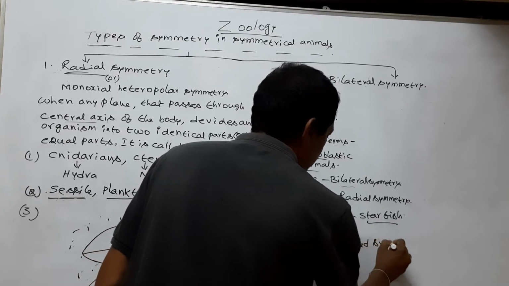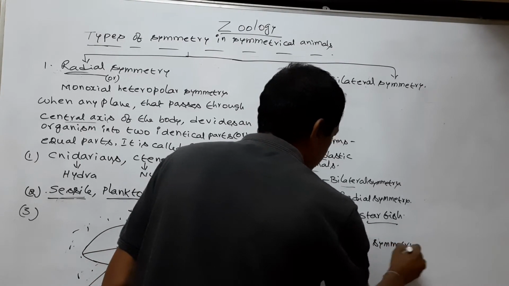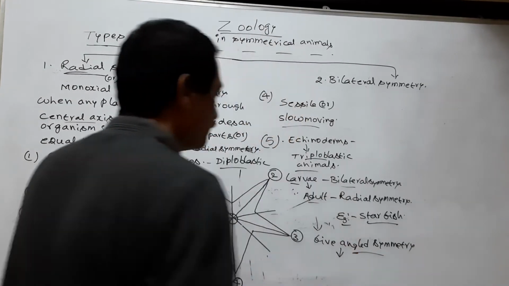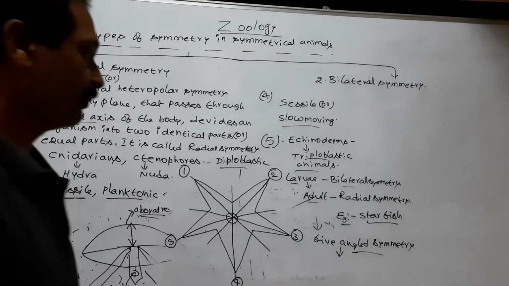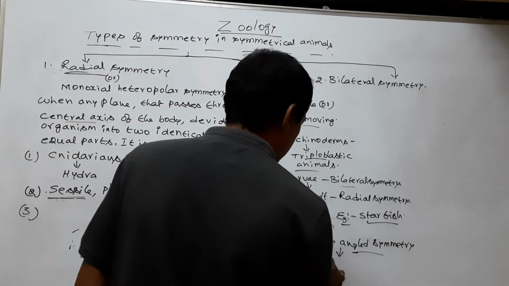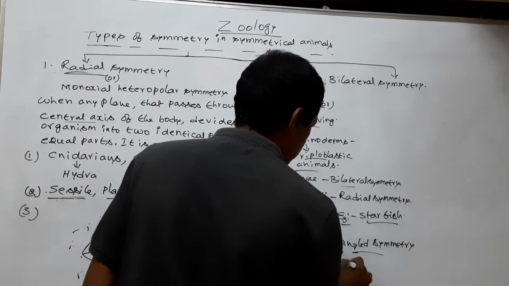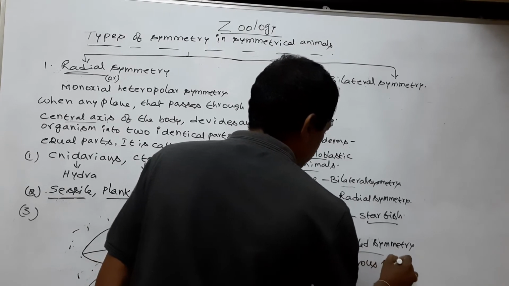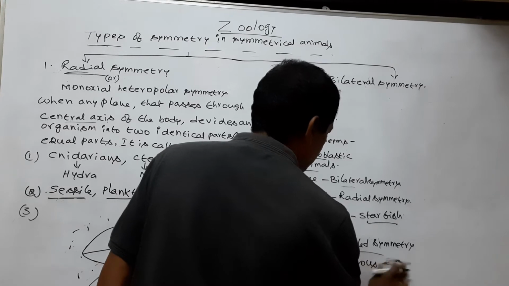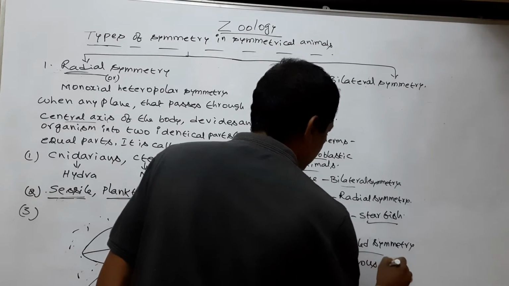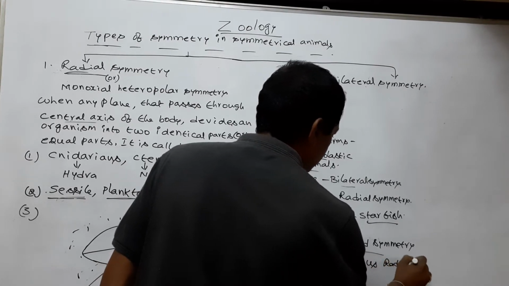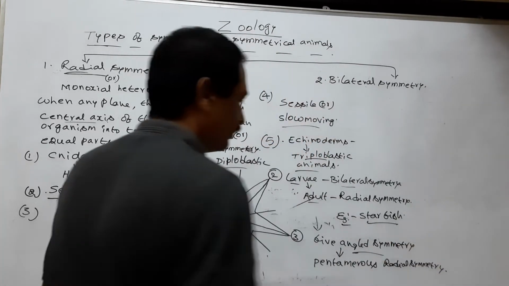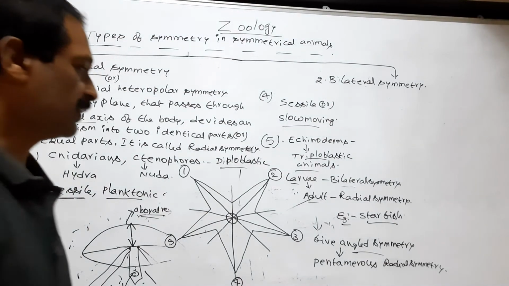The five-angled symmetry in adult echinoderms is called pentamerous radial symmetry.